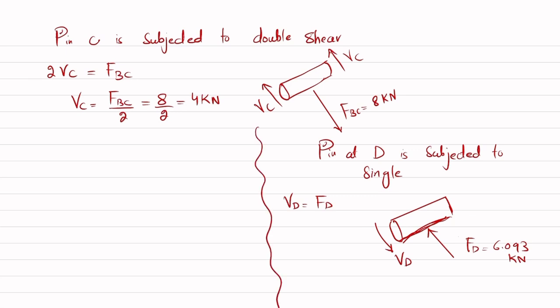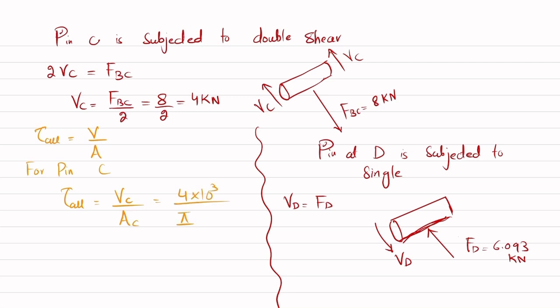Now we have been given the allowable shearing stress, and we know that it is equal to shear force divided by shearing area, clear? So for pin C, the allowable shearing stress is equal to shearing force at C divided by shearing area at C. VC is 4 kilonewton, so 4 into 10 to the power 3 divided by shearing area.